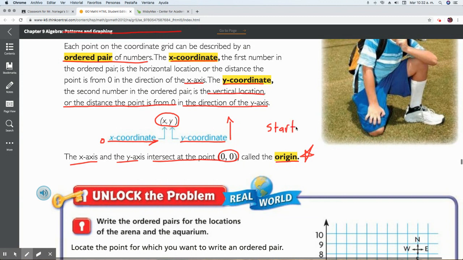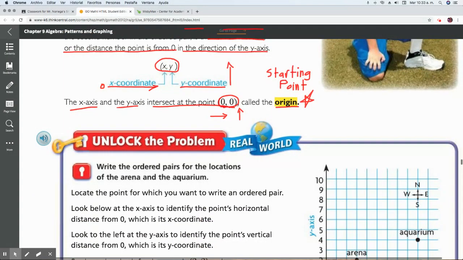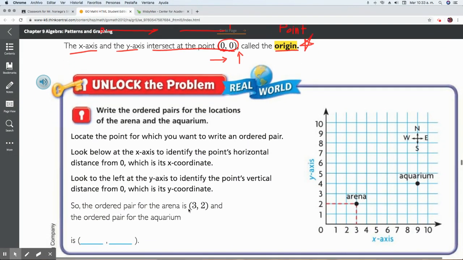So we're going to place our pencil on the origin, and then find the first number in our ordered pair, and that number will tell us how we need to walk to the right, and the second number will tell us how we need to walk going up. All right, so let's start going over our coordinate grid.